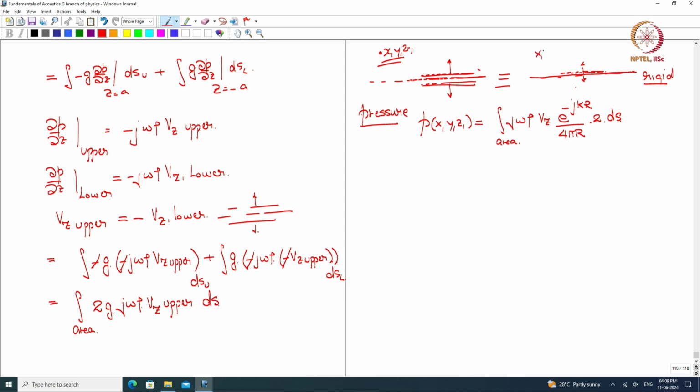So, this solution is the same, physically it is the same, and this can be written as this, and this is twice the free space green function. So, we have found a new green function.